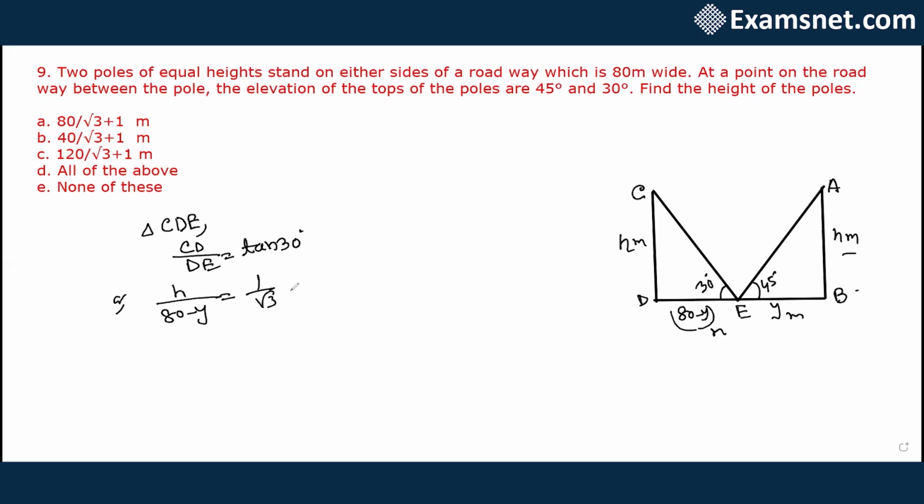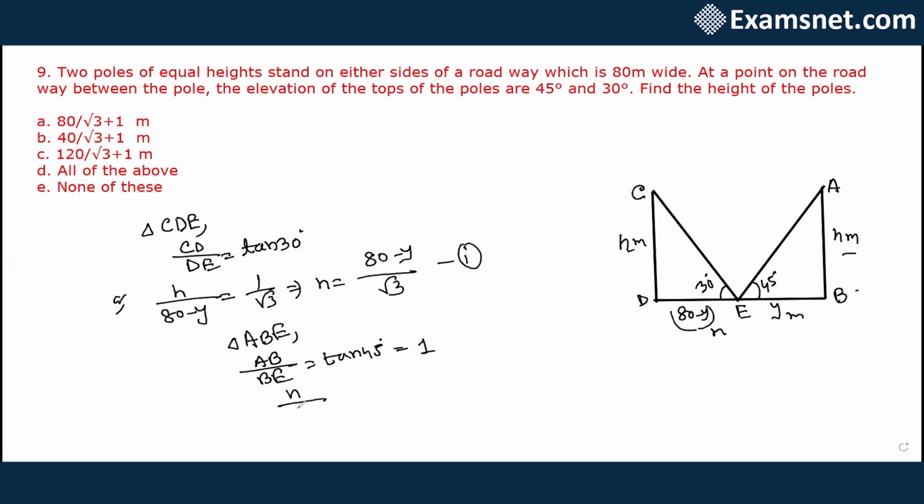Correct. So from it, we can write H in terms of Y, that is 80 minus Y by root 3. Let's name it equation number 1. And in triangle ABE, we can write AB by BE equals tan 45 degree, which is 1. So H by Y equals 1. So from here, we can write H equals Y. Let's name it equation number 2.